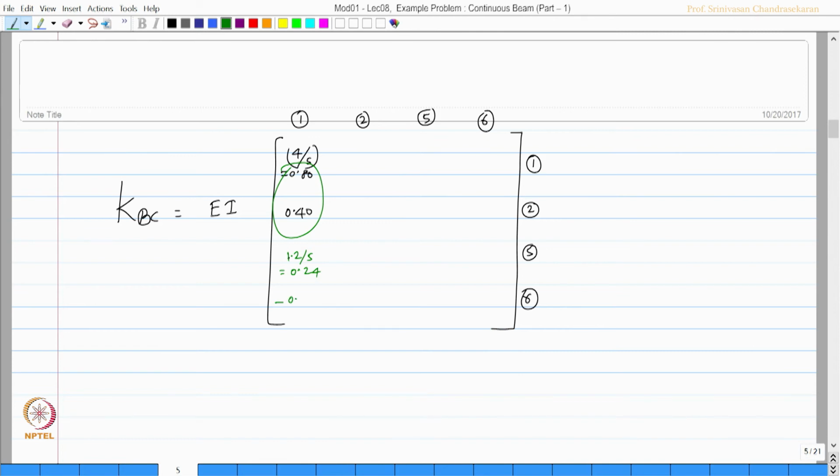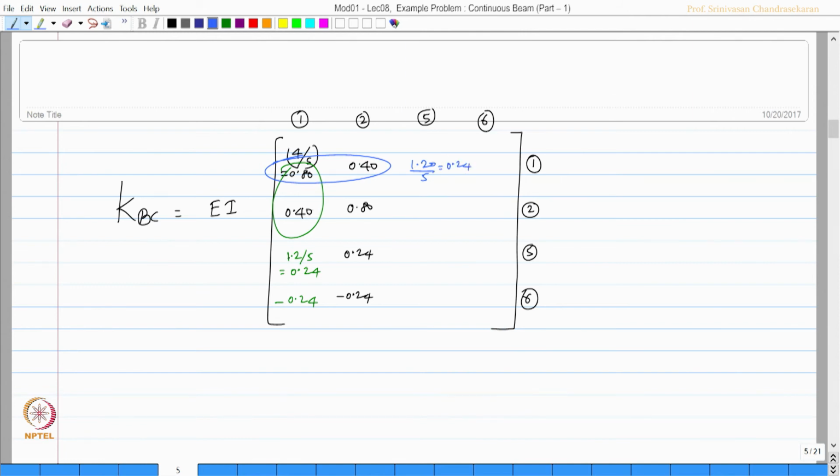This is minus 0.24, and this value is going to be 0.8, 0.4, again 0.24, minus 0.24, and this value will be the sum of these two by L, which is 1.20 by 5, which is 0.24 again.